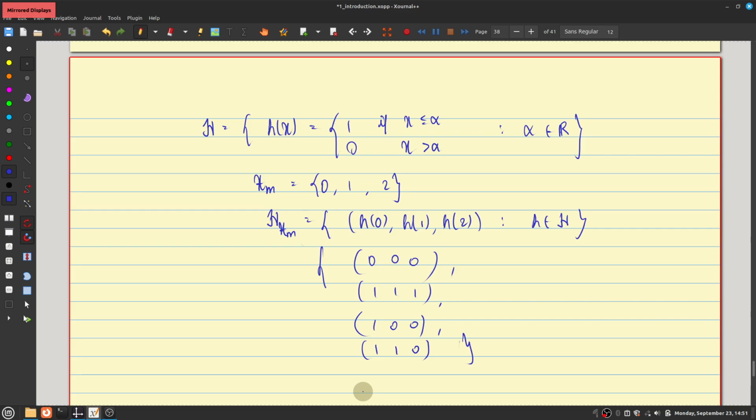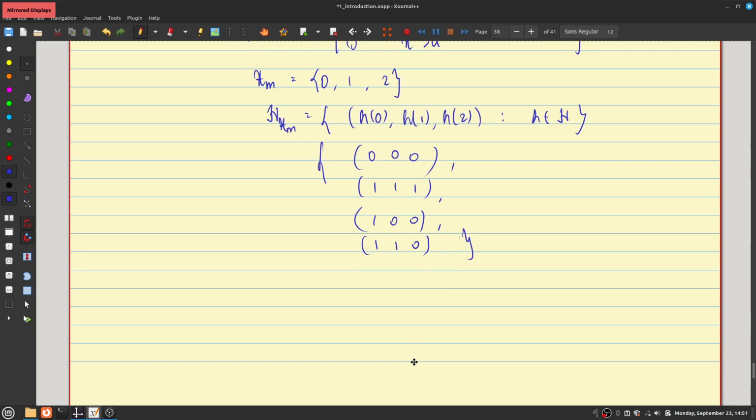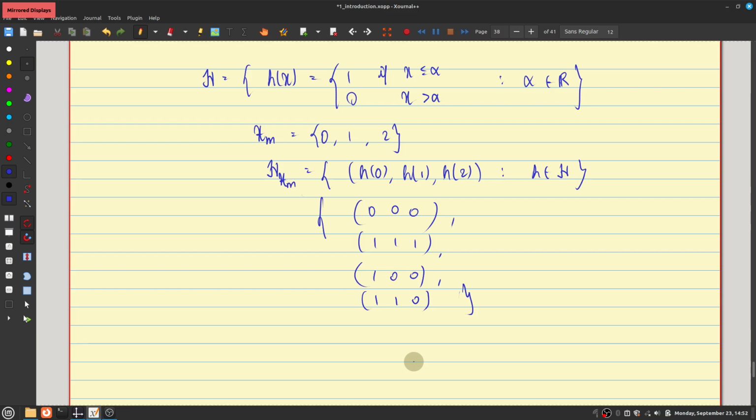So all possible distinct vectors or functions that you get, which are derived from this particular H. Now, in this case, the restriction of H to xm is not the set of all functions from xm to 0, 1. So this is an example where H does not shatter the set.